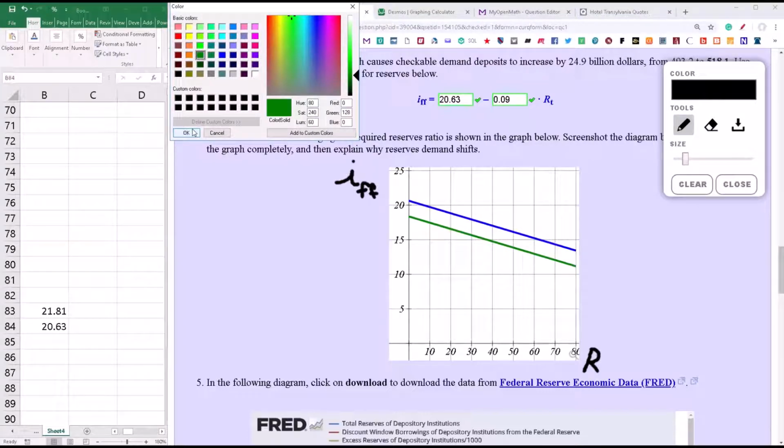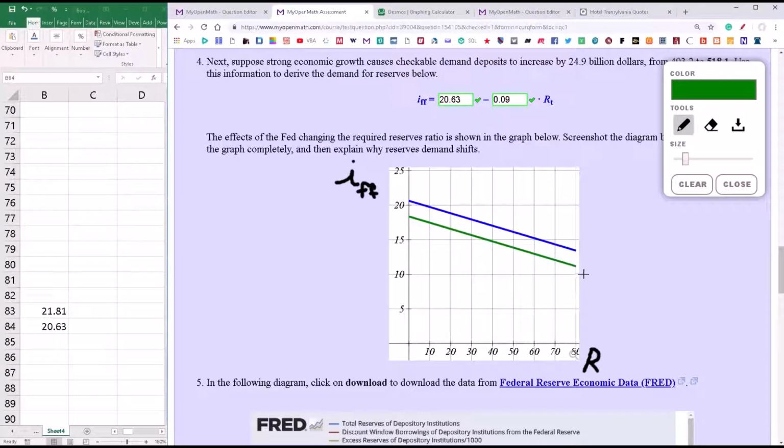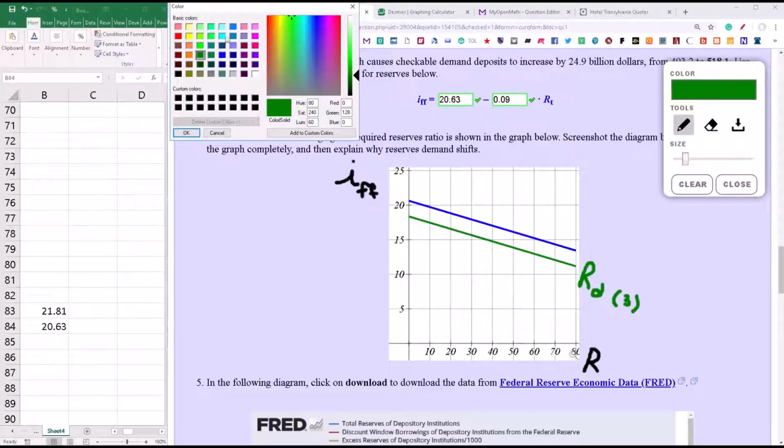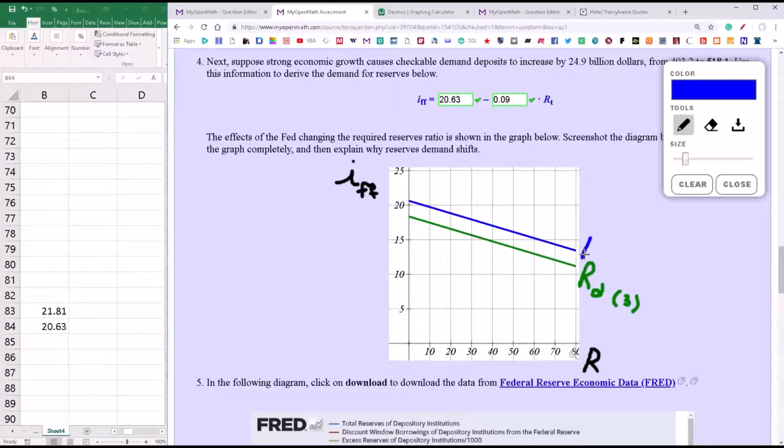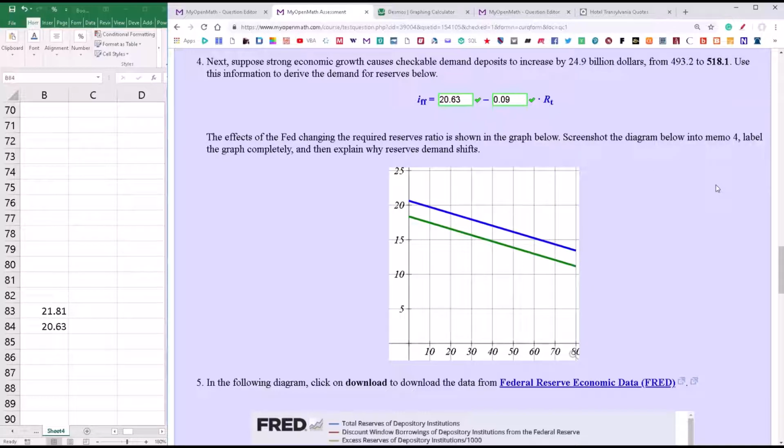The green line is reserves demand in scenario 3. The blue line is reserves demand in scenario 4. Okay, and that's kind of what I'm looking for. Close. And that's it for reserves demand.